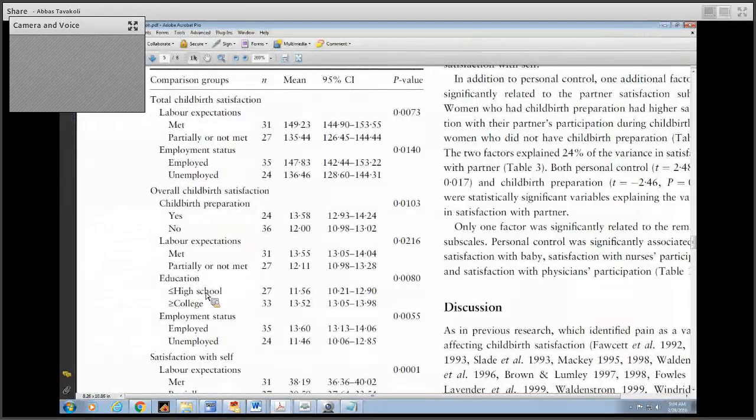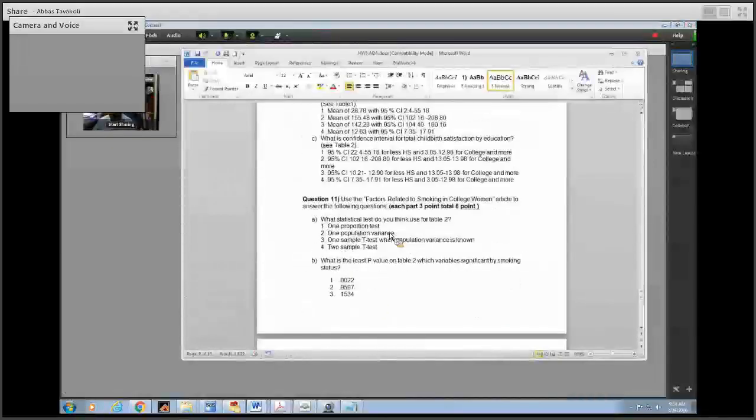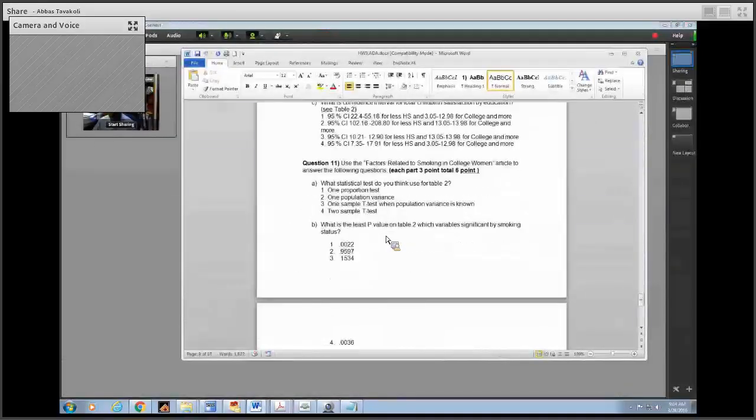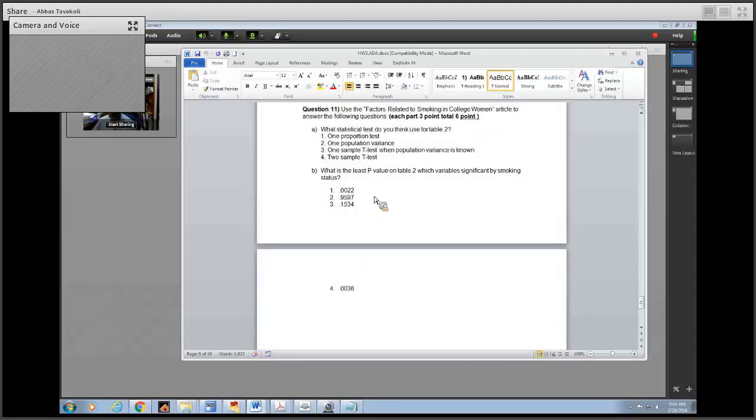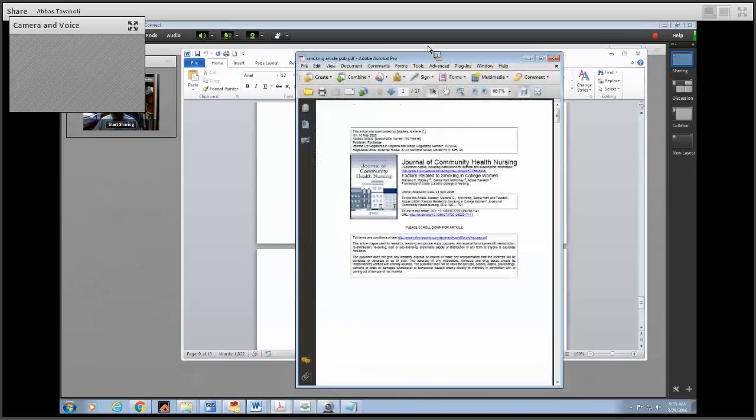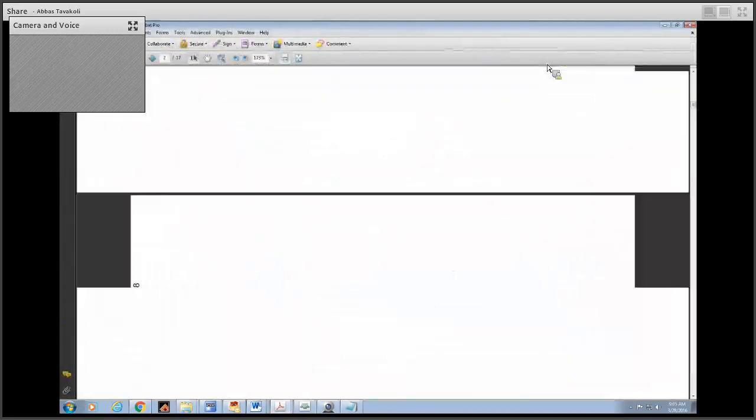What is the confidence interval for that? What are the mean and confidence interval for overall global satisfaction, and what is the confidence interval for total childbirth satisfaction by education? For the last one, you're going to look at table 2. So you have education here, high school and college, and find the confidence interval.